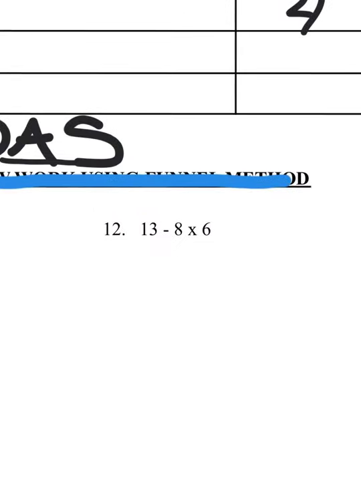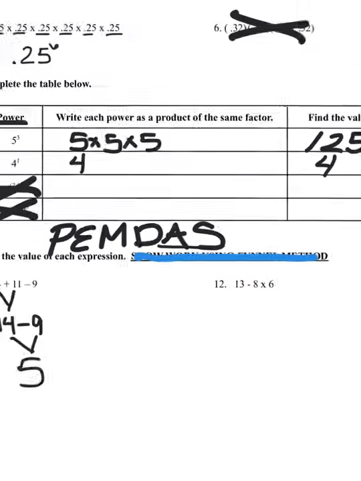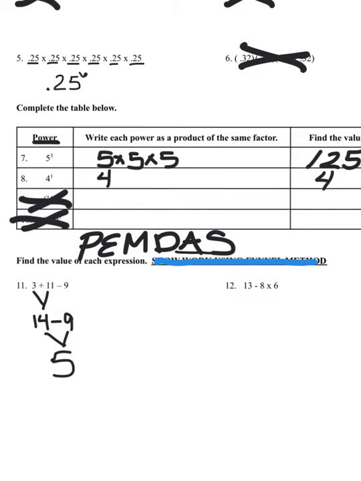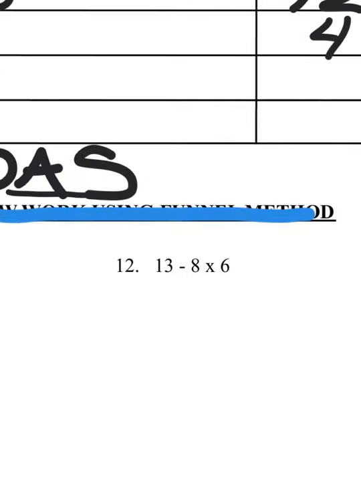For number 12, again with my PEMDAS, we don't have any parentheses. We don't have any exponents. We have multiplication, so we're going to have to do that first. Do my multiplication. 8 times 6 gives me 48. Carry down the rest of my equation.